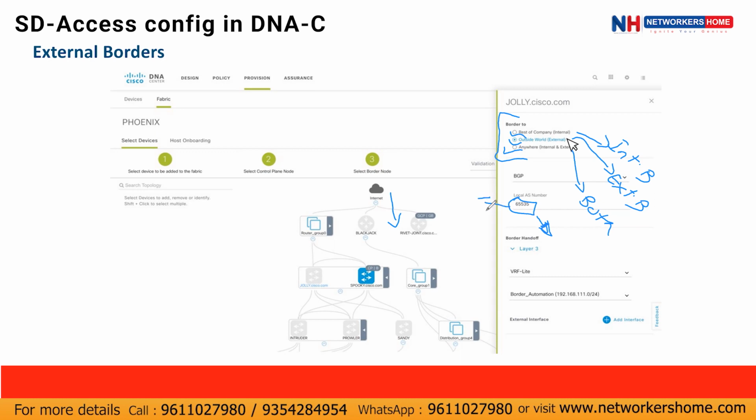So if this is 535 and remote is 65534, you have to do the configuration on this external border, or this both, irrespective of the role. You have to keep the reachability with the traditional network if you want to do a handoff with the known networks or the unknown networks.